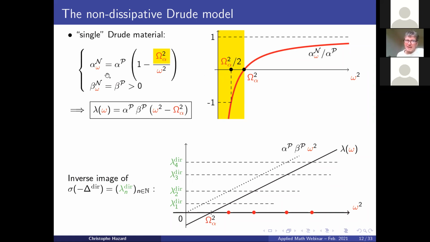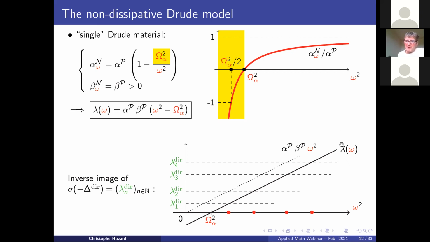So in that simple case, when beta is a positive number, my function lambda(omega) is simply given by this formula. It is a linear function of omega squared, which is represented here.